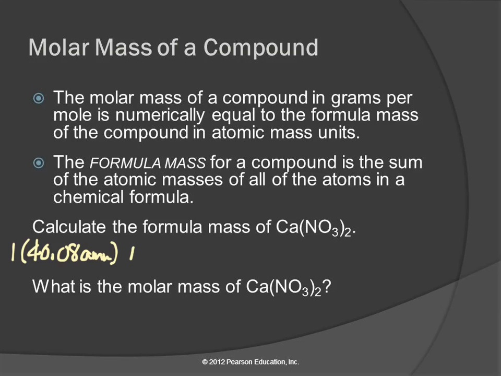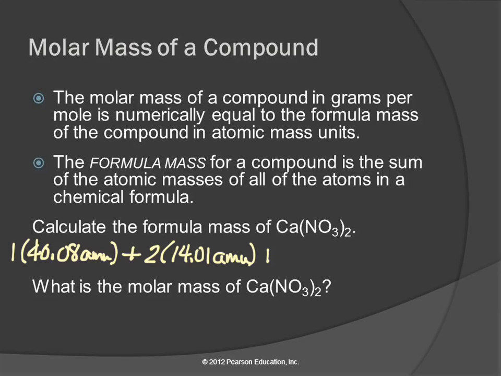How many nitrogens are there? There's 2, right? Because we have this group that's shrink-wrapped, and there's 1 nitrogen in there, and there's 2 of those groups. So we have 2 nitrogens, and they each weigh 14.01 atomic mass units.